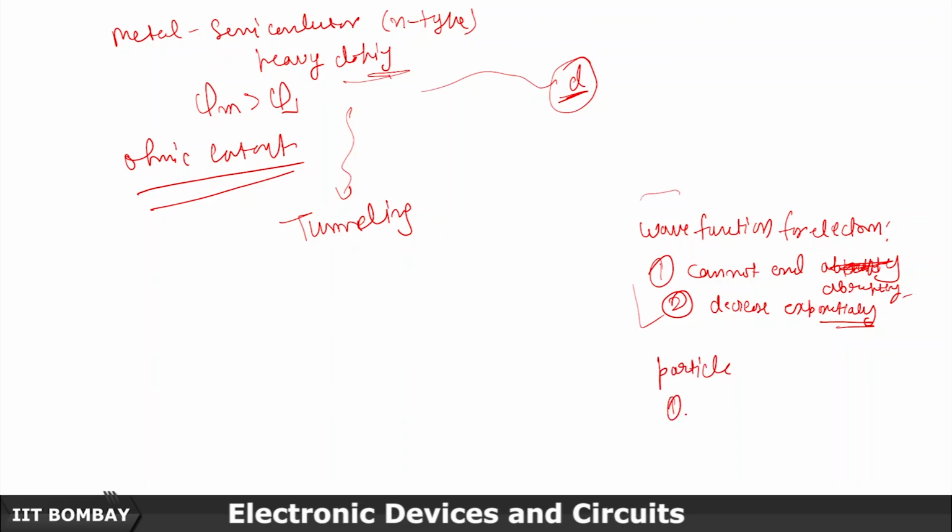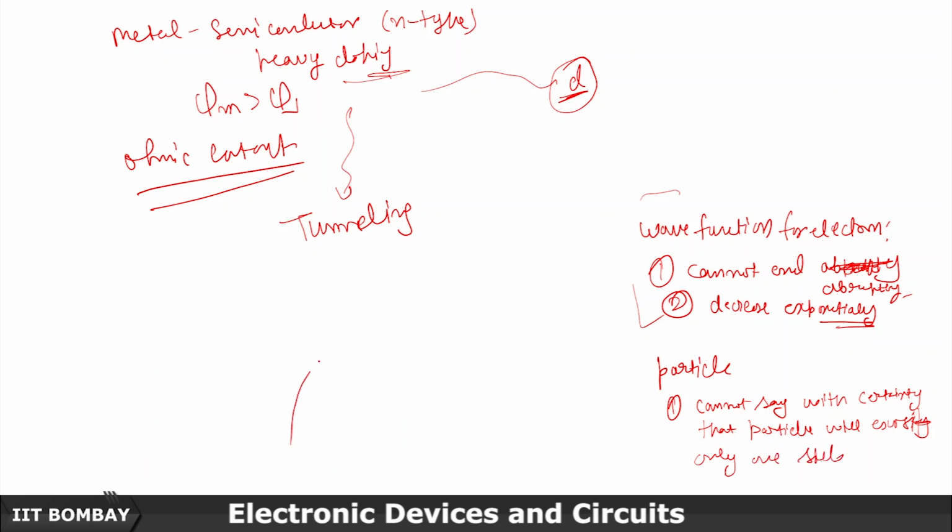Or if you treat it as a particle, if the barrier is thin enough, because of the uncertainty principle, you cannot say with certainty that the particle will exist only on one side.